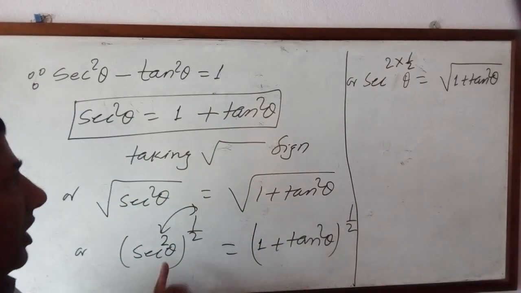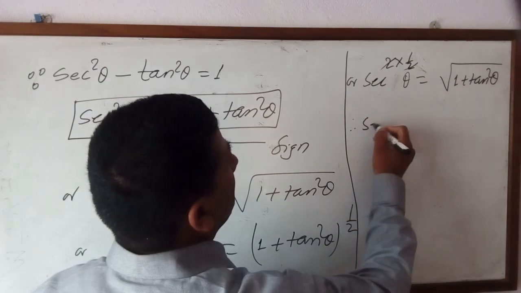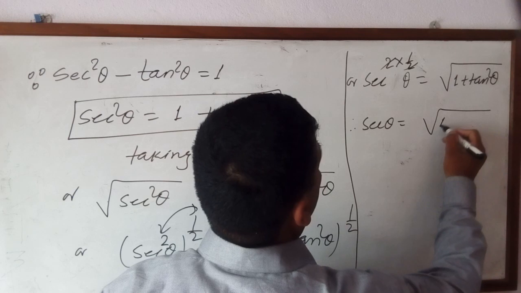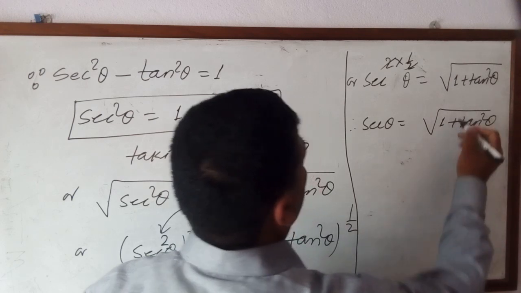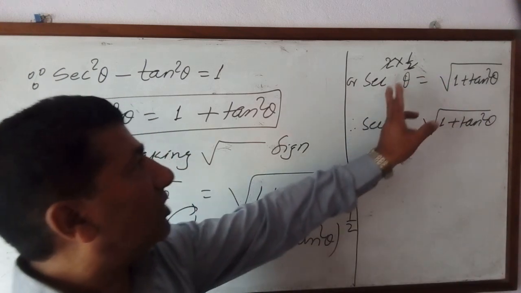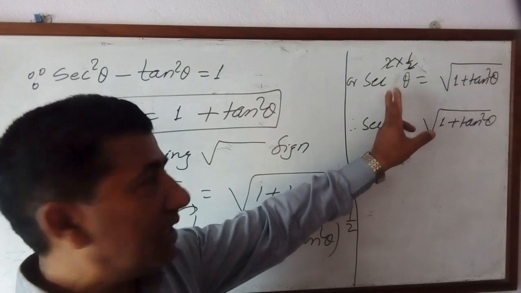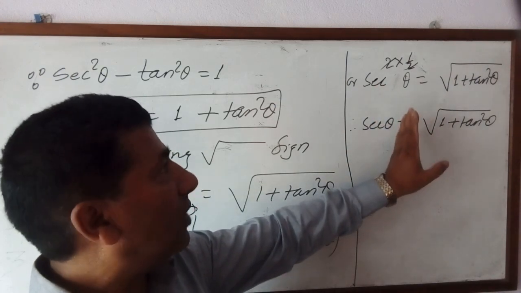We cannot multiply, but here, now this 2 and 2 cancel, and this will be sec theta equals root under 1 plus tan square theta. Now we can write plus minus sign here, because sec theta minus sec theta whole square is also positive, sec theta plus sec theta whole square is also positive.